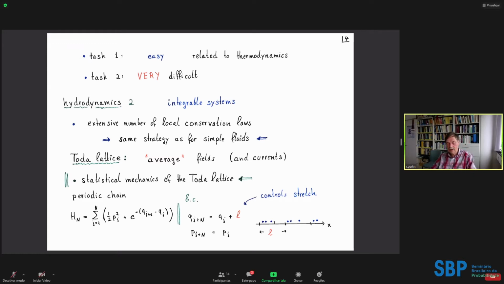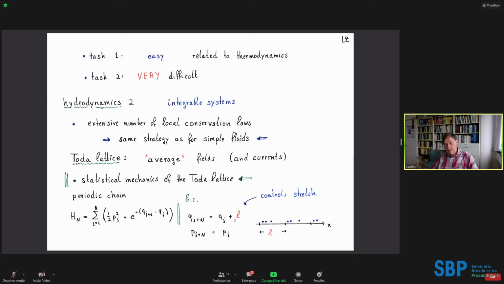Imagine that I have here one cell, just like in the numerical simulation with 3 particles, and then I'm simply repeating that cell. This is what corresponds to periodic boundary conditions. And if I write this out in formulas, it means that Q_{j+n} should be equal to Q_j plus the size of your cell.